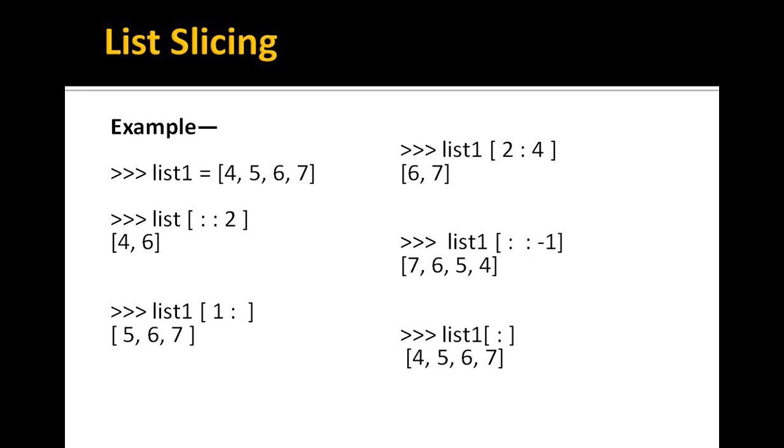Or if you remember, the indexes in reverse order are minus 1 for last, minus 2 for second last, minus 3 for third last, this way. So all the values are read in reverse order. In the next example, the list has not been passed with any of the indexes or step, so it means starting at 0 and ending at the last value.